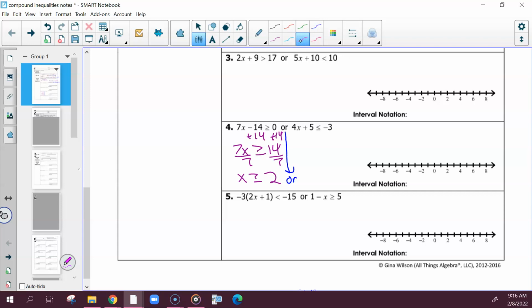And then the other side, we need to do what? Subtract 5 from both sides. And divide by 4. Is my sign going to change here? No.